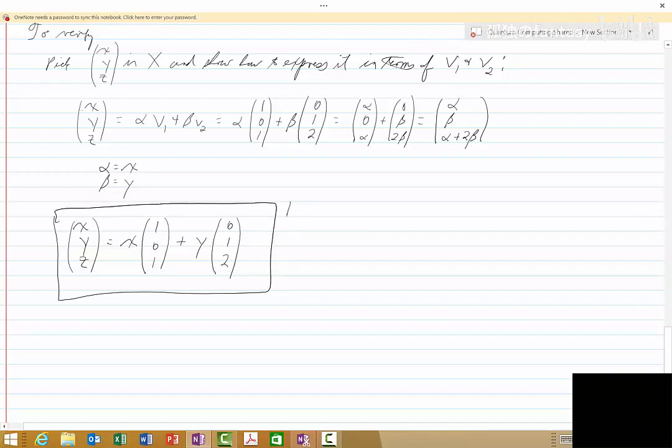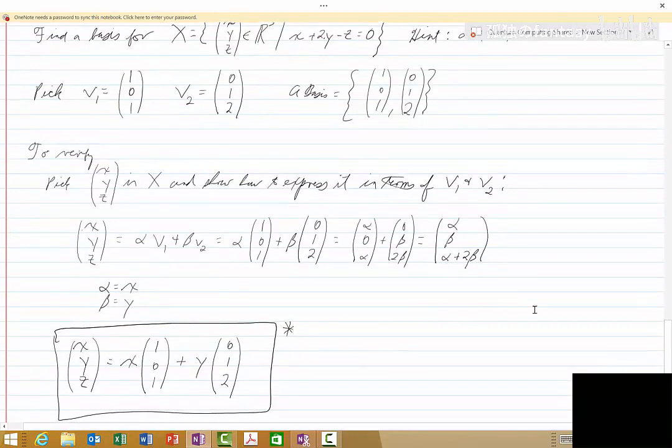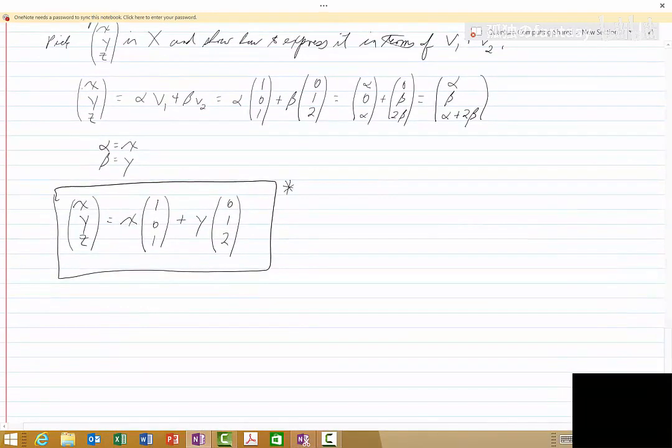I claim that this is the way that we can express any vector in the subspace X in terms of the vectors v1, which is 1, 0, 1, and v2, which is 0, 1, 2. And now I simply want to verify that it will work out.